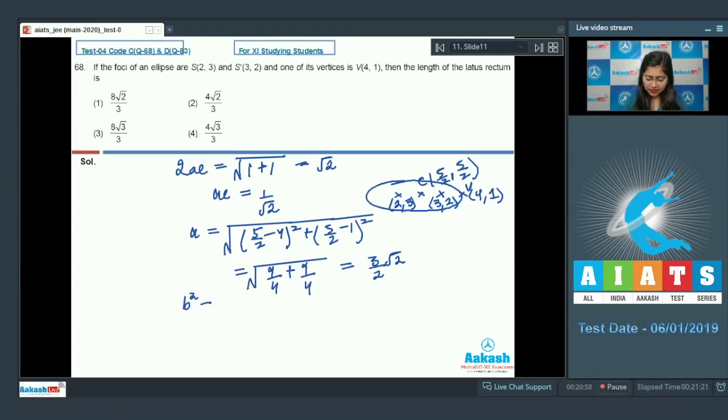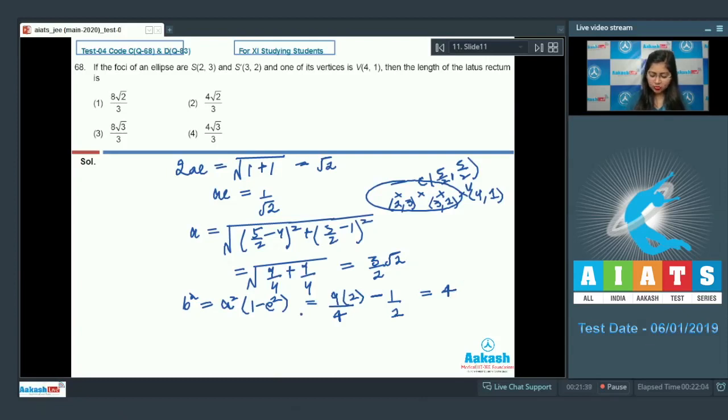Now we know that b² = a²(1 - e²). So this will be equal to a² minus a²e², that is 9/4 × 2 minus a²e², that is equal to 1/2. So this is equal to 8/2, that is 4.